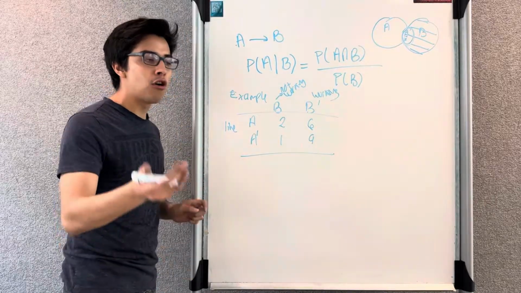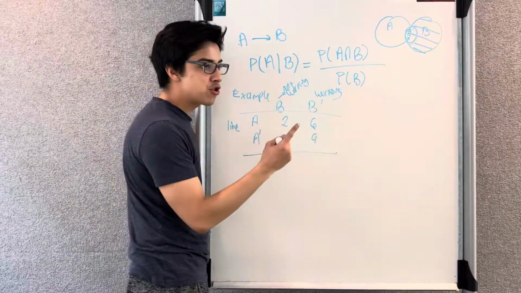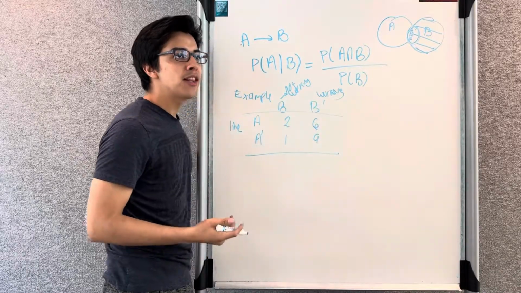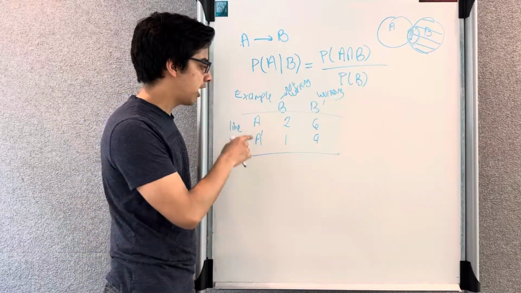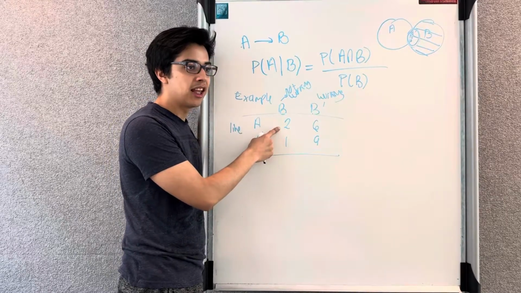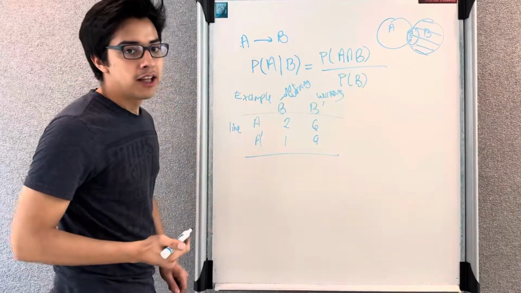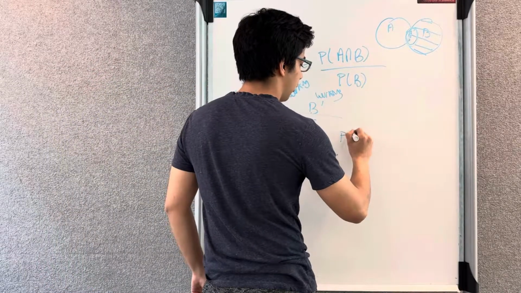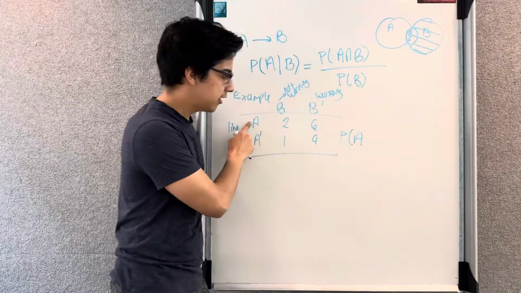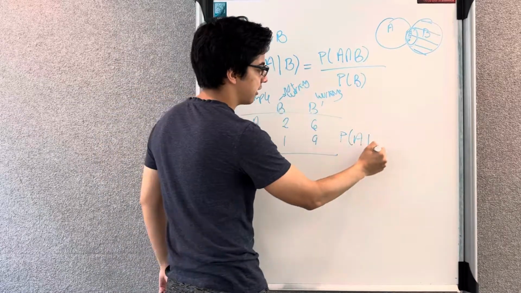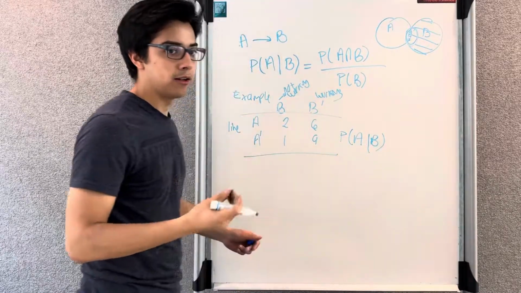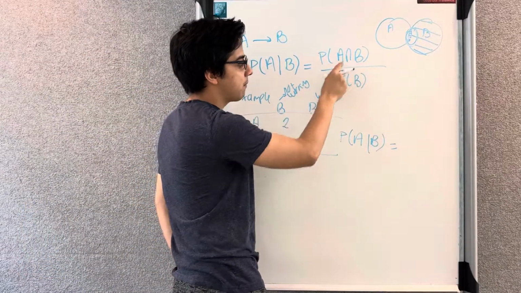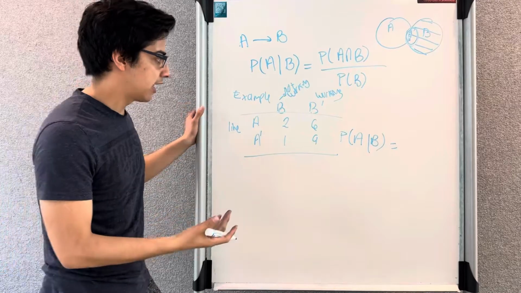Now, what is the probability? If we choose one random equipment from all these ones, what is the probability of choosing one that is of line A and is not working? So in that case, we want the probability of getting line A, given that it is a defective one. This is easy because we need the intersection of A and B, and this table gives us that part.